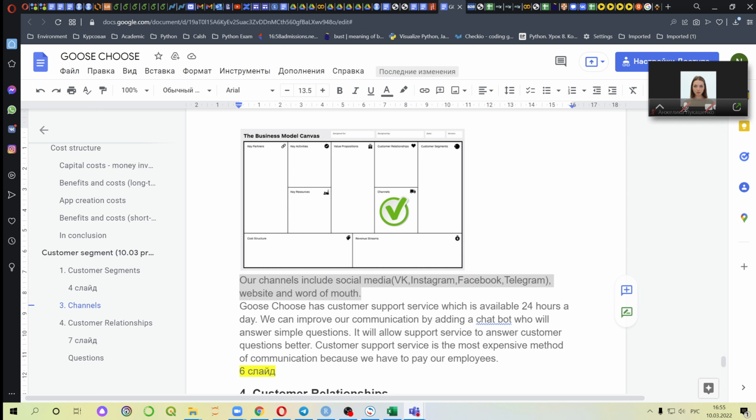Okay, thank you for your answer. And our next question is, will there be some kind of support service or something else for people in your app? I mean, technical support or online chat where people can ask their questions about the app and about the service itself.